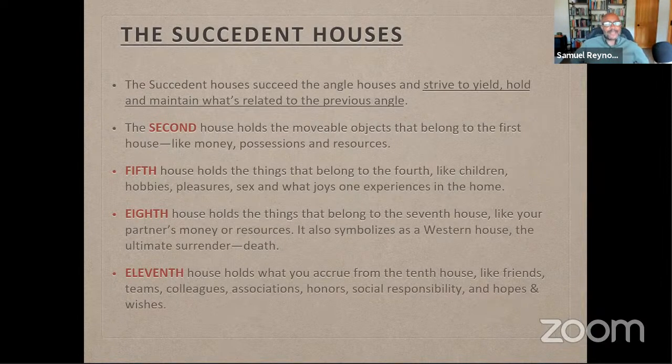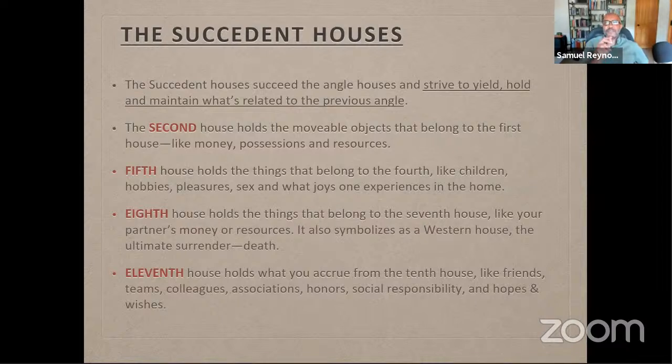It also symbolizes as a Western house of where we're going toward the sun's entry into the underworld. It relates to the idea of the ultimate surrender, which is death. So the eighth house is more your sense of your death. I'm going to talk a little more about some things related to the eighth house. But one thing I'll say now, eighth house also relates to all those things by which we have to give tribute for being alive. So it also relates to death, as I mentioned, but taxes as well.